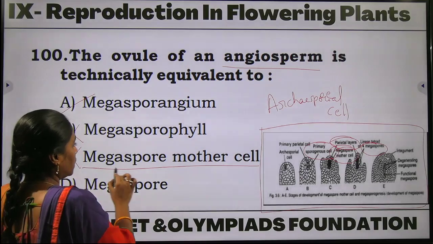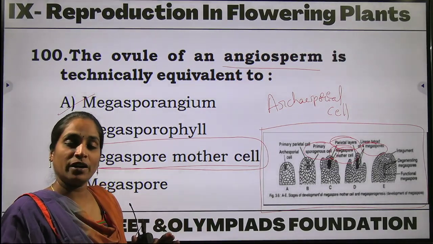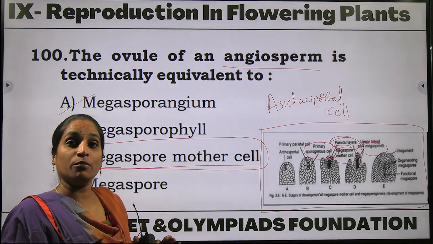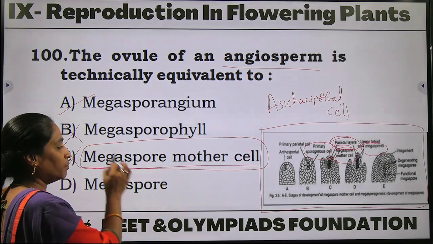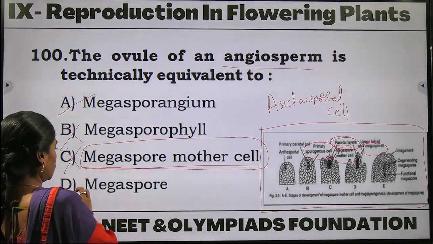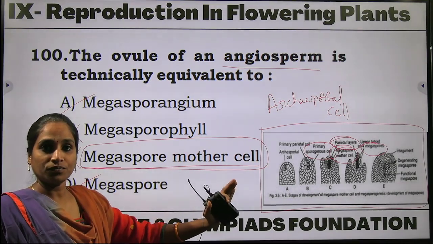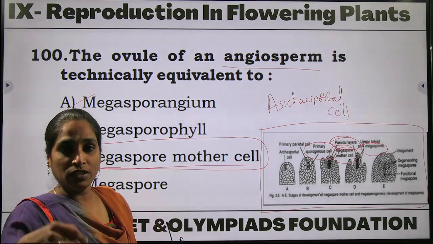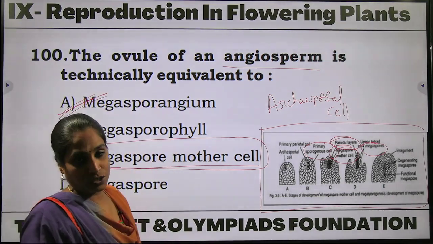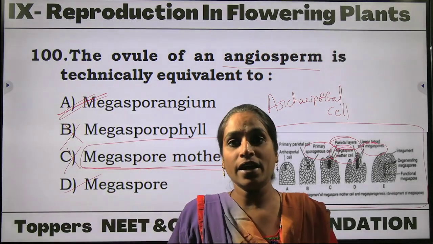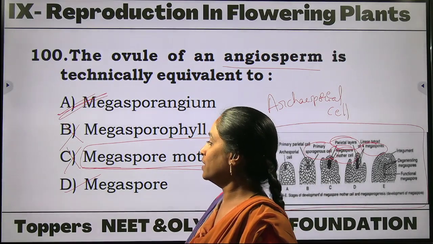The megaspore mother cell has to form the megaspore, and the megaspore divides by mitotic cell division and forms the embryo sac. That can be seen only in the megasporangium. The division is called megasporogenesis. So option A will be the correct one.